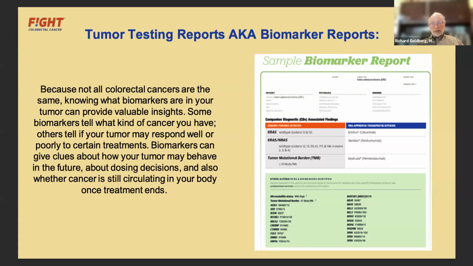Prognostic markers help us to decide how a patient is expected to do on the basis of prior outcomes. So here's a sample biomarker report. And you can see that it's complicated. There are 3 things on the top: KRAS, NRAS, and tumor mutational burden. And each of these are markers.